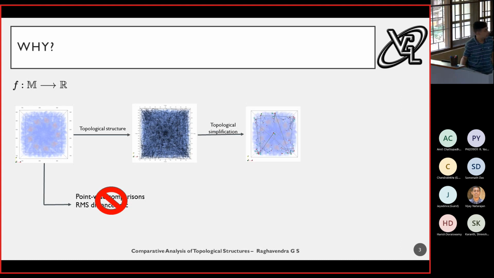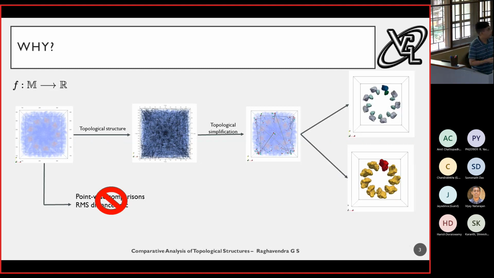So there is a process of simplification which allows us to remove this topological noise from a particular structure to get a simplified structure. Here we can see that a simplified structure is being embedded in this volume. Once the simplified structure is obtained, we can do a comparative analysis by comparing the structure with itself in this case to generate some symmetric structures as shown here.